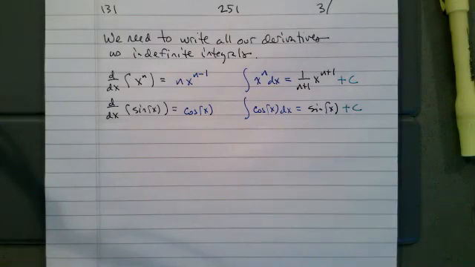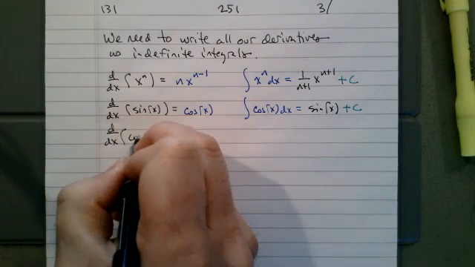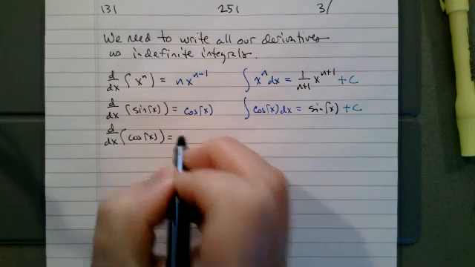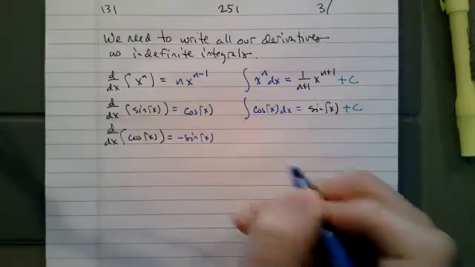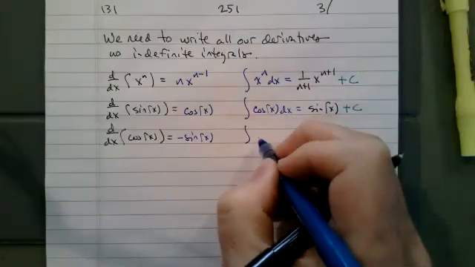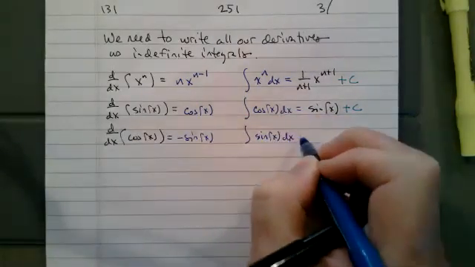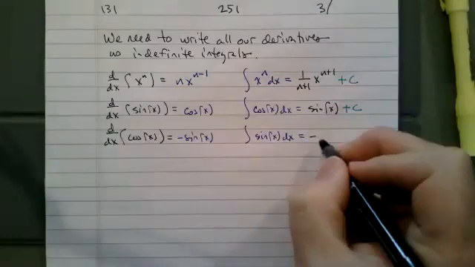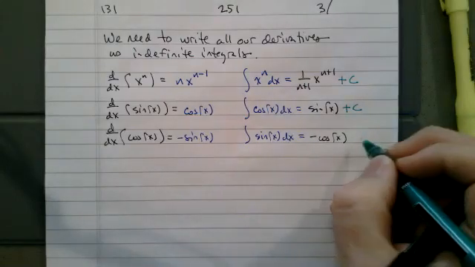We know that the derivative of cosine x is minus sine x. So the integral of sine x dx is minus cosine x plus some constant.